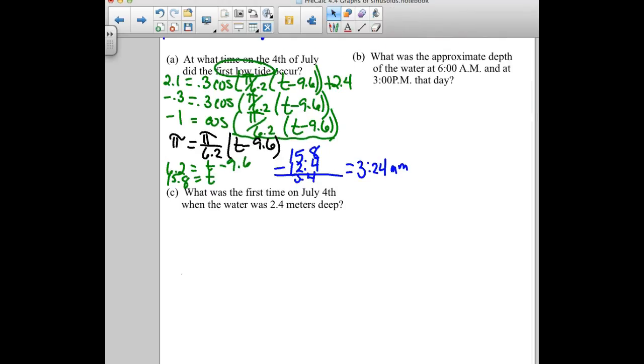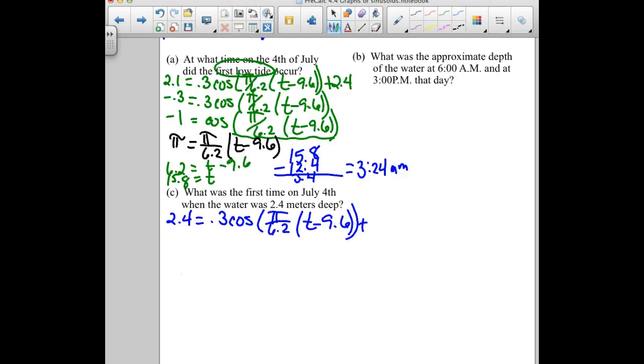I think let's go and do part C next, and then we'll go back to part B. When was the first time on July 4th when the water was 2.4 meters deep? Well, very similar to what we just did, right? But we're going to use 2.4 instead of 2.1. All right. 2.4 equals 0.3 cosine pi over 6.2 times t minus 9.6 plus 2.4.